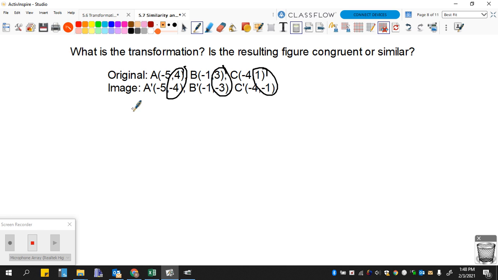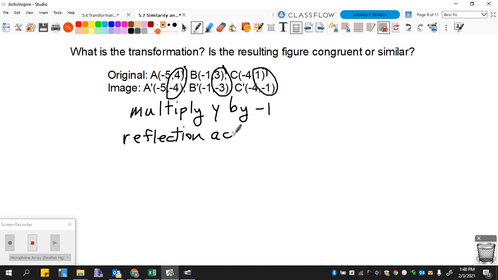So we multiply the y by -1, which if we do that, that is a reflection across the x-axis because we changed the sign of the y value. Okay, and it's going to be congruent.